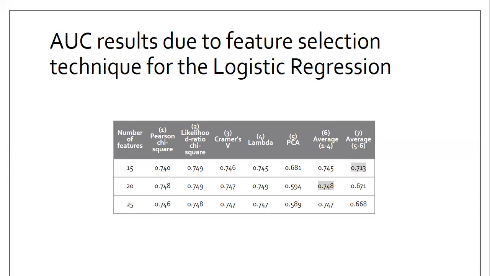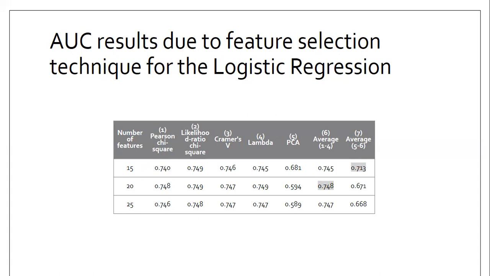And now let's move to the AUC results due to feature selection techniques. For the logistic regression, we applied the following criteria: Pearson chi-square, likelihood ratio chi-square, Cramer's criteria, and lambda criteria, and PCA, principal component analysis.